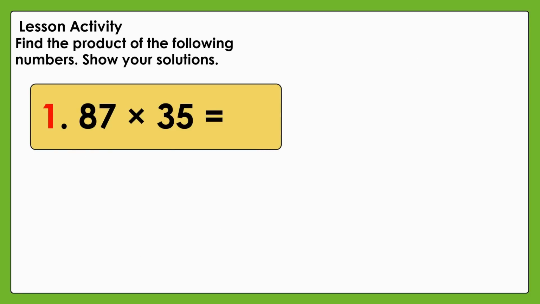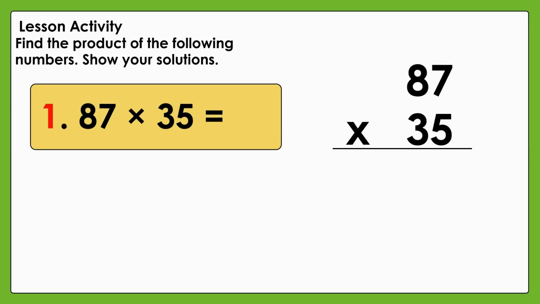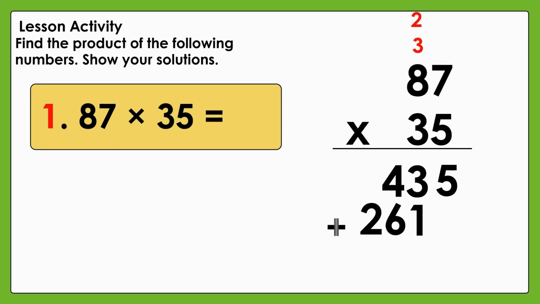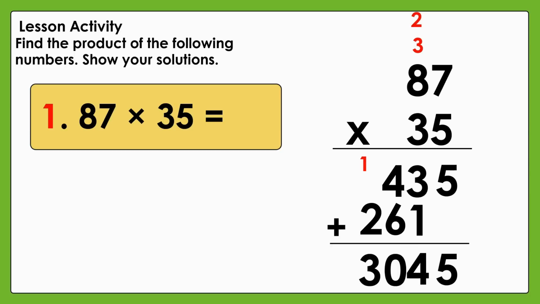Let us answer. Number 1, 87 times 35. The answer is 3,045.